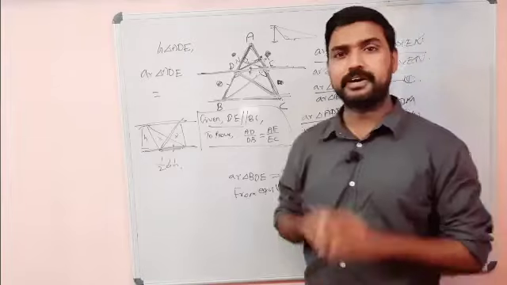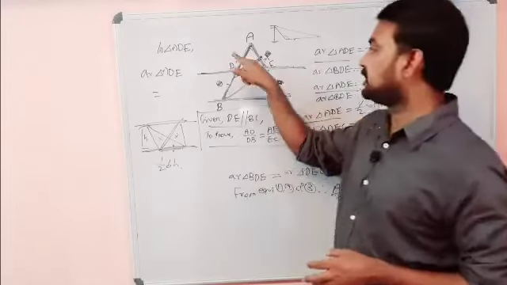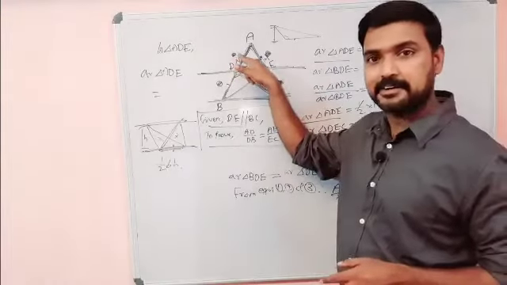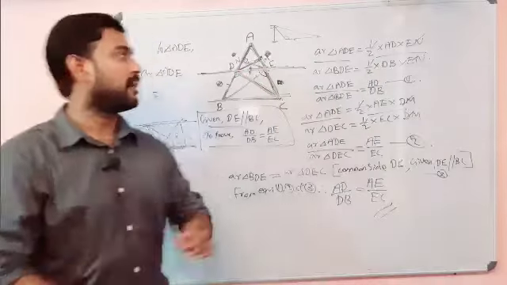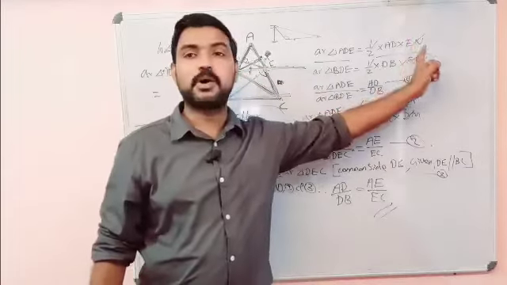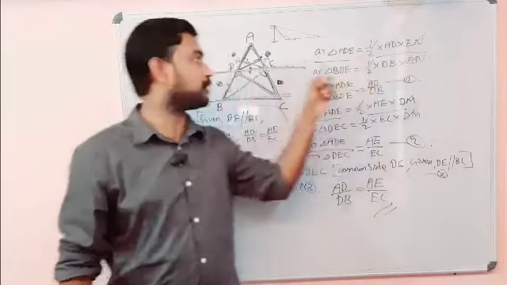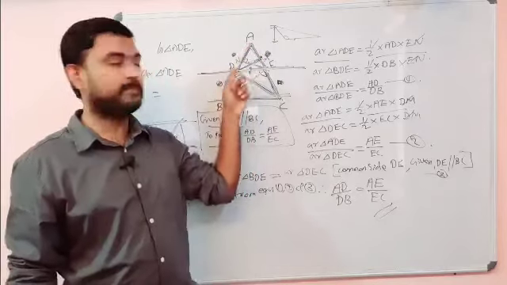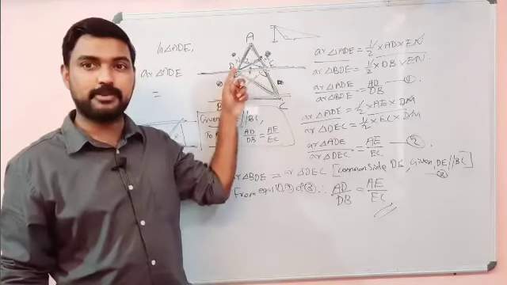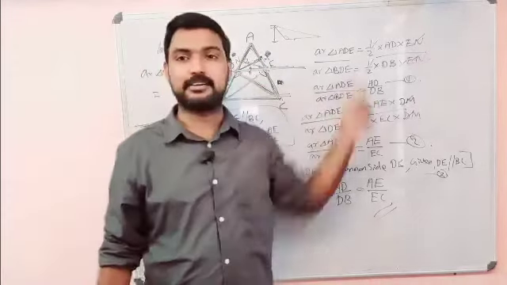How did we prove it? Very easy. Just come and stand in the smallest triangle ADE and write its area. What is the area of triangle ADE? Half into base into height. There is no height, so we drew the height EN. Half into AD into, what is AD? Base. We are standing here, so half into base into height: half into AD into EN.